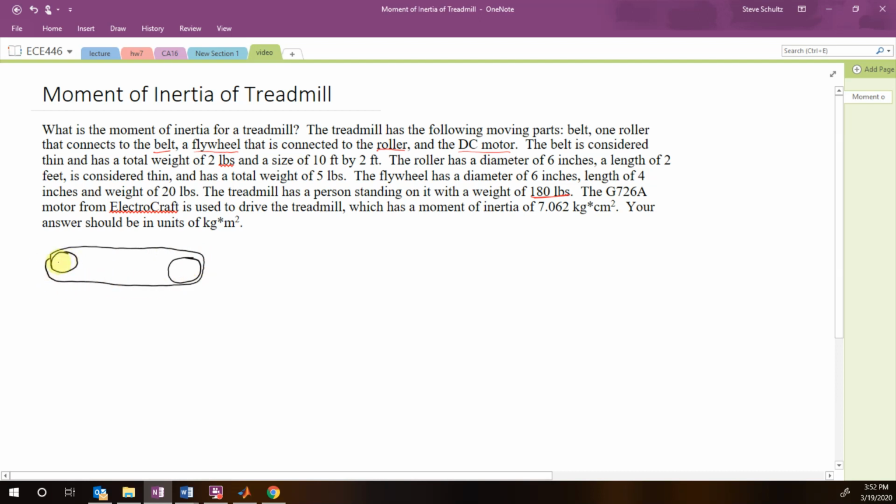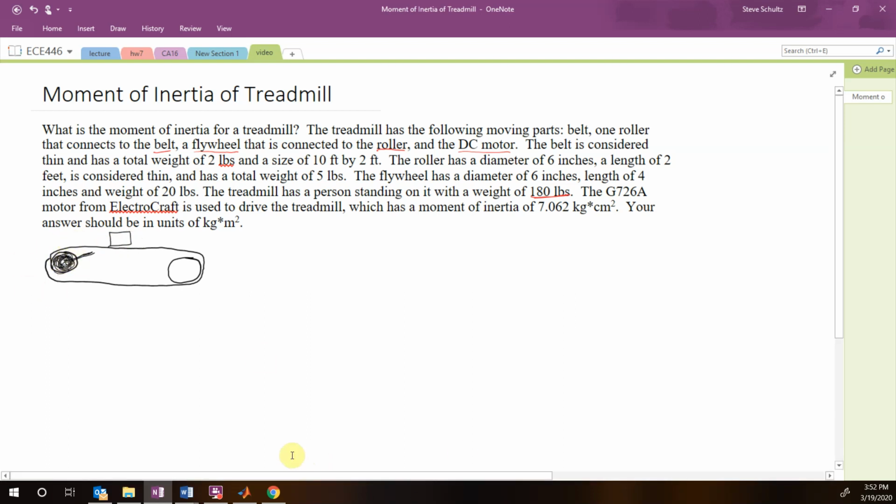We have a flywheel that's a solid piece here. It goes on that roller. We're also going to have the motor that comes out this side, and it's going to have a rotor which is rotating, and then we have our little person, which we're just going to treat as a block. So we see that we have two solid pieces, the flywheel and the motor, and then everything else is around.